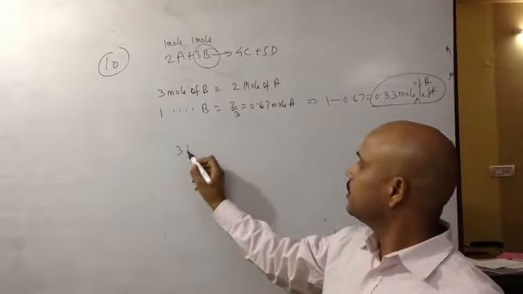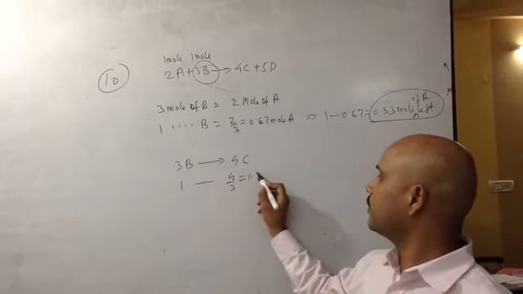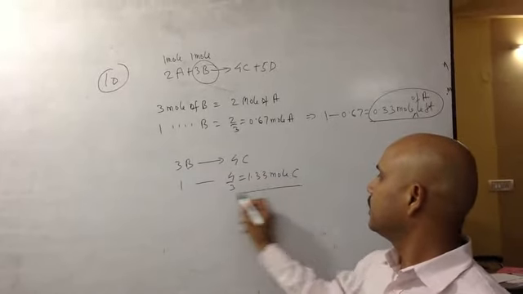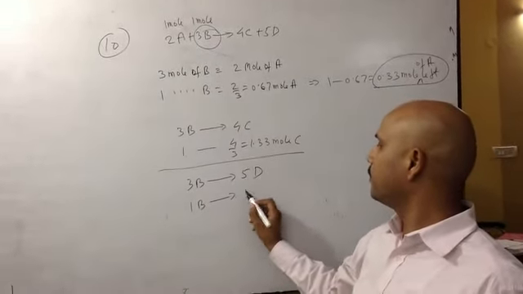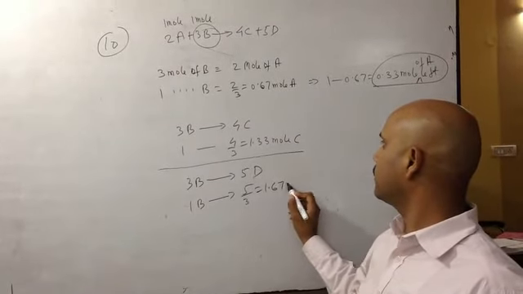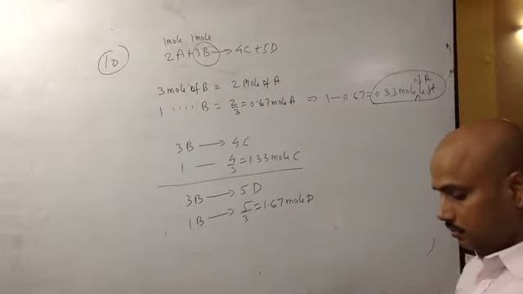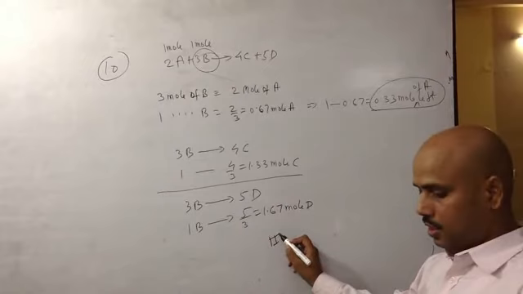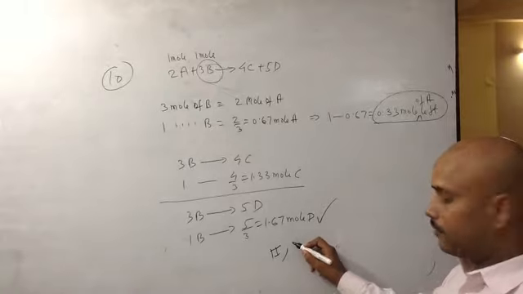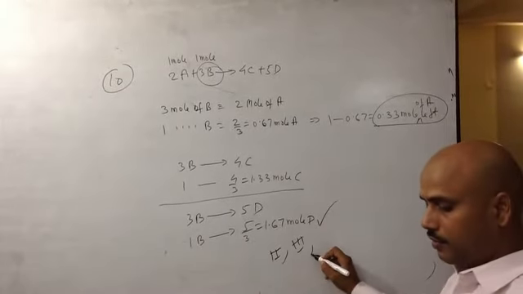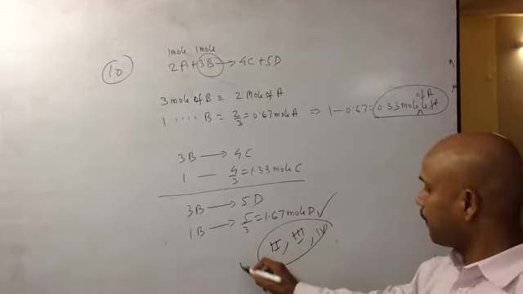Find out how. 3B gives you 4C, 1B will give 4 by 3 C, that is 1.33 mole of C, and similarly 3B gives you 5D, so 1B will give you 5 by 3, that is 1.67 mole of D. If you see the correct answer, it is second, 1.67 mole of D, third, 0.33 mole of A remains, and fourth, 1.33 mole of C is formed. This is the correct answer, which is B.